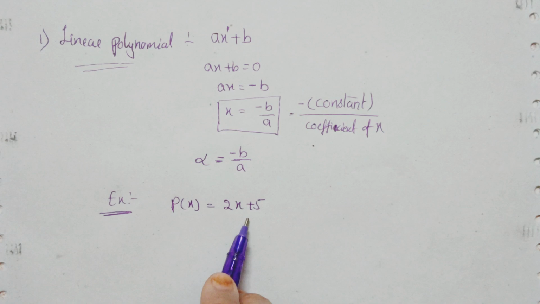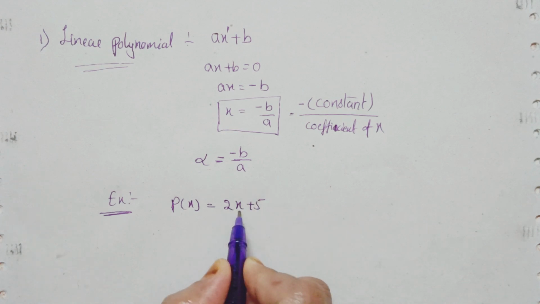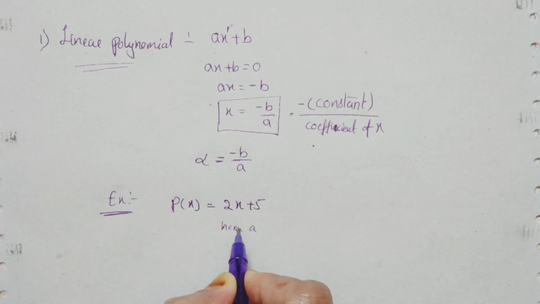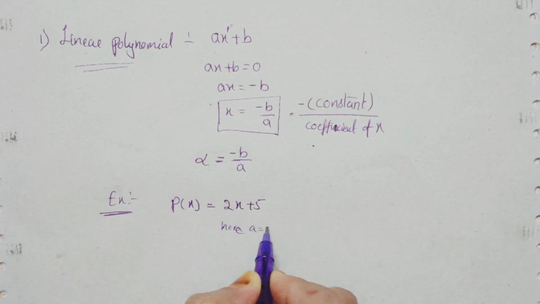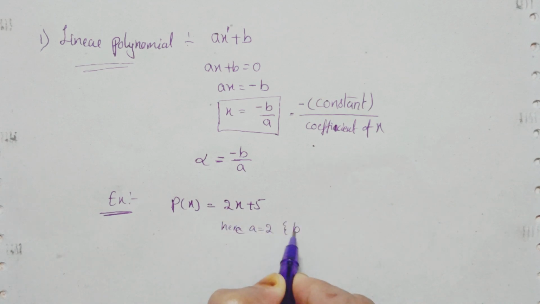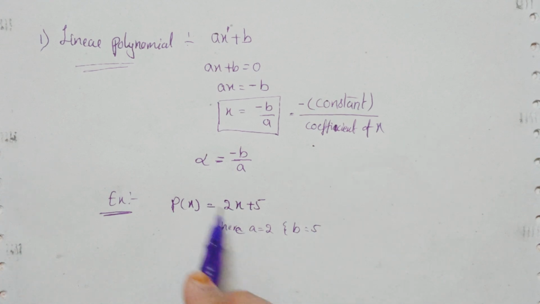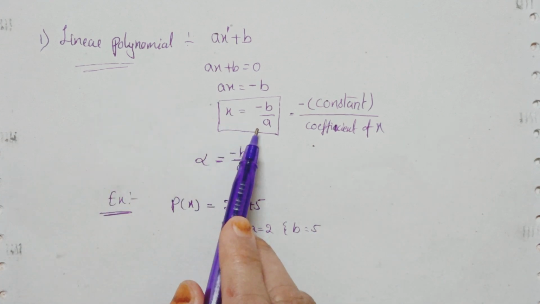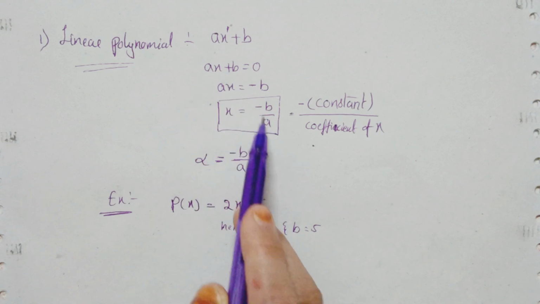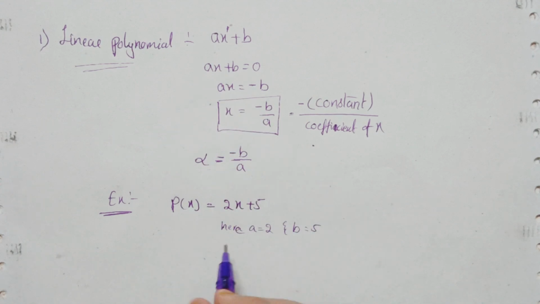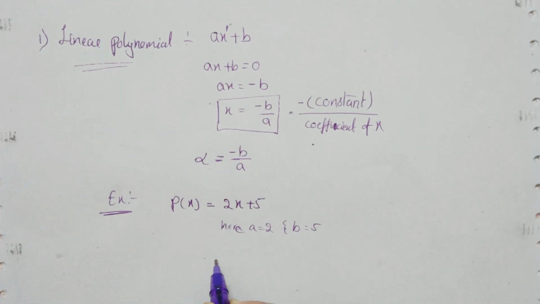This is in the form of ax plus b. Here in the place of a we have 2, and in the place of b I have 5. We know the formula to find the zero of a linear polynomial, which is minus b by a.